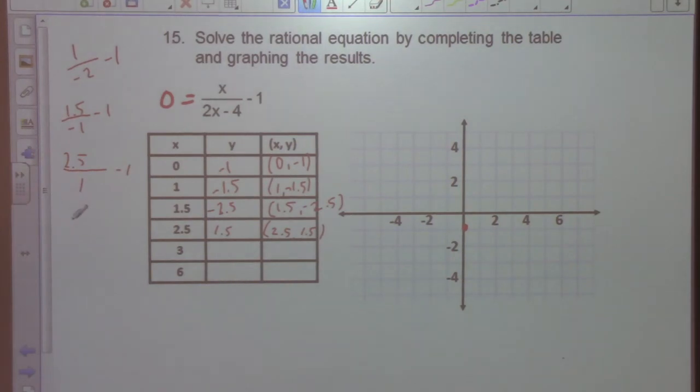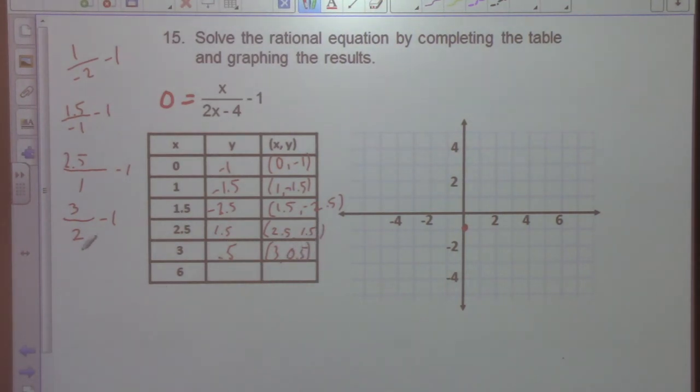And next, if we plug in 3, we get 3 over 2 times 3, which is 6. 6 minus 4 is going to be 2. So we get 3 halves minus 1. That's going to be 1 half, or 0.5. So here we get 3, comma 0.5.